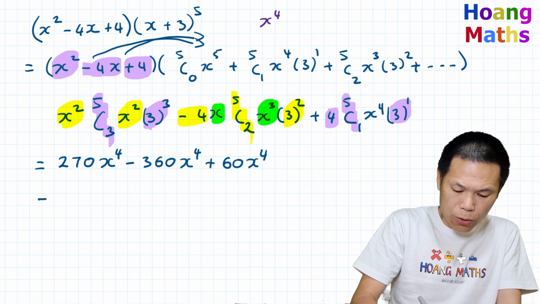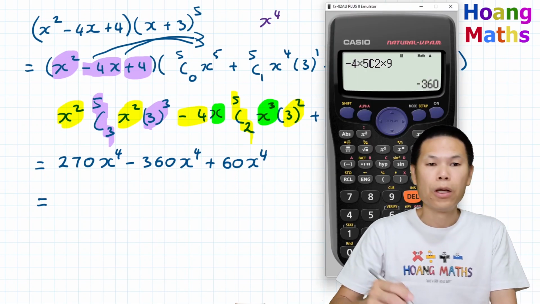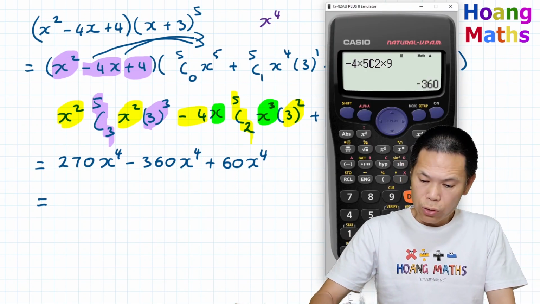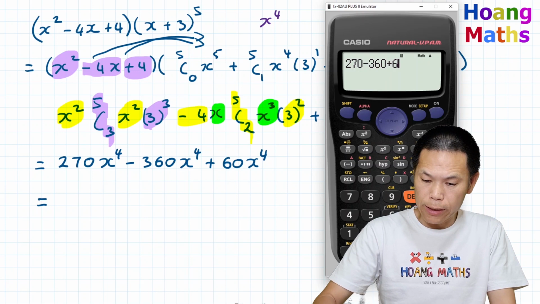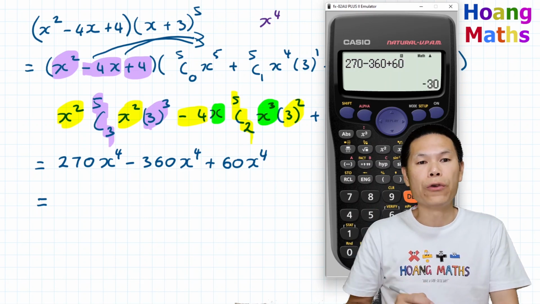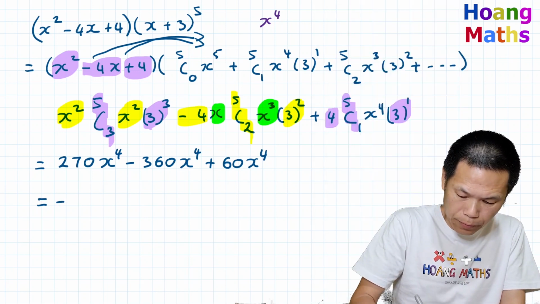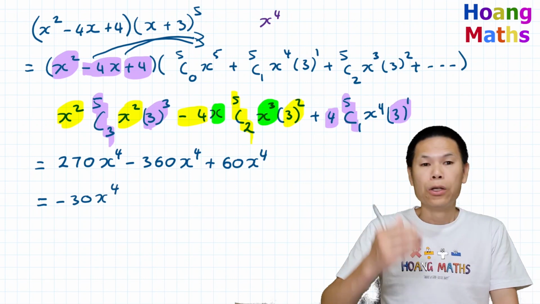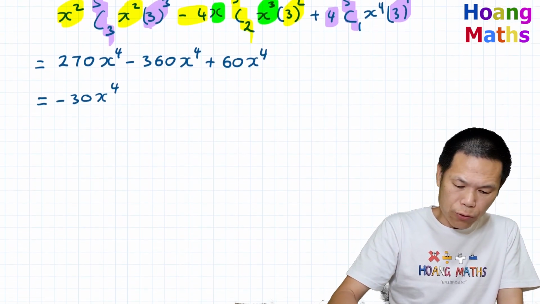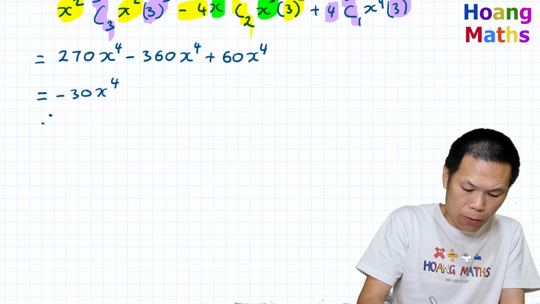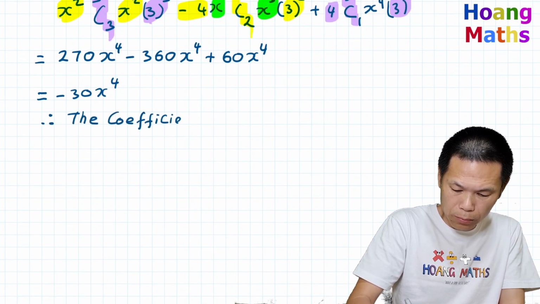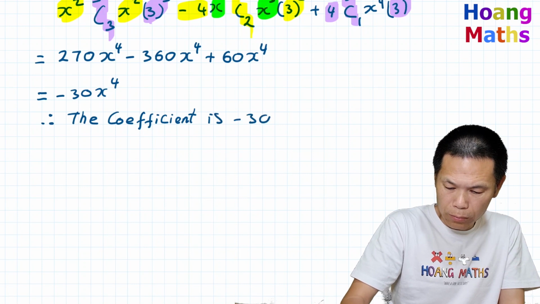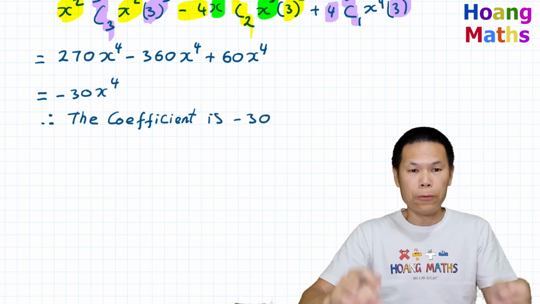That is equal to 270 minus 360 plus 60. So there you go, negative 30. Let me write this down.